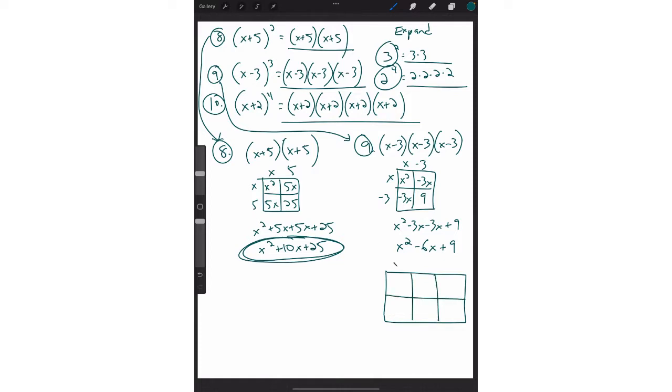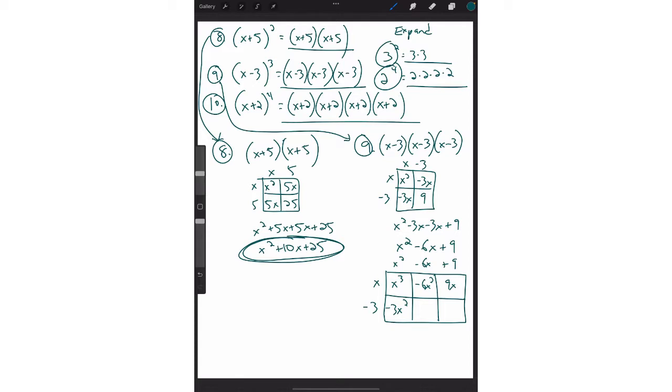Because I have x squared minus 6x plus 9 times x minus 3 again. So x times x squared is x to the 3rd. X times negative 6x is negative 6x squared, and I get 9x. I get negative 3x squared.